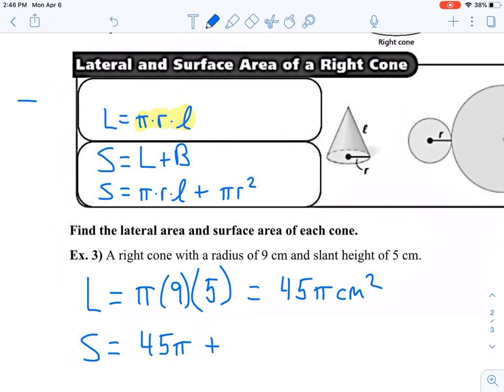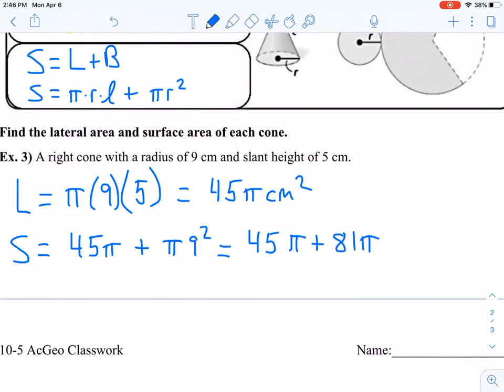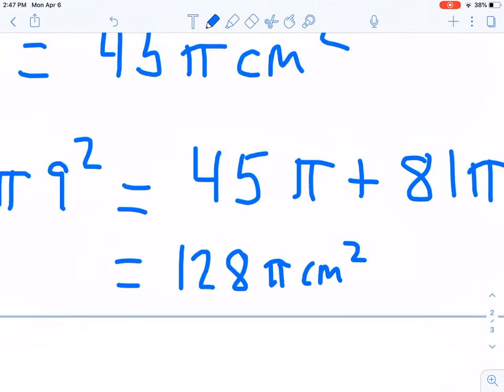And in this case, the radius is 9, so it would be pi times 9 squared. So we would have 45 pi plus 81 pi for a total of 126 pi centimeters squared for our surface area.